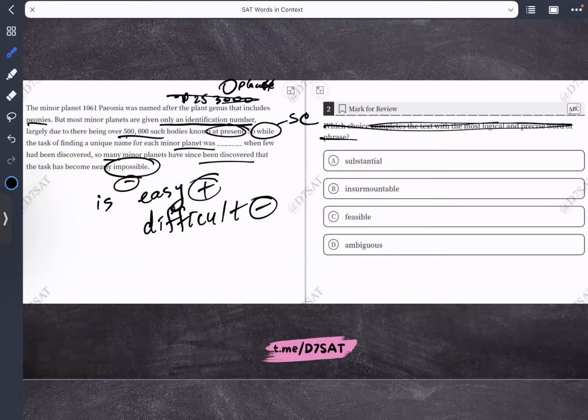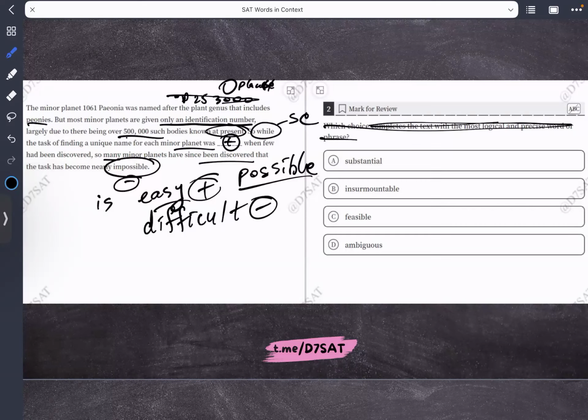If you're using different ideas, for example positive and negative, you should use one in the dependent part and the other in the independent part. So right now we are using a negative one in the other part. So this part should be positive. The task of finding a unique name for each was maybe easy, maybe something like possible, and then try to find a synonym for easy, possible, or similar ones.